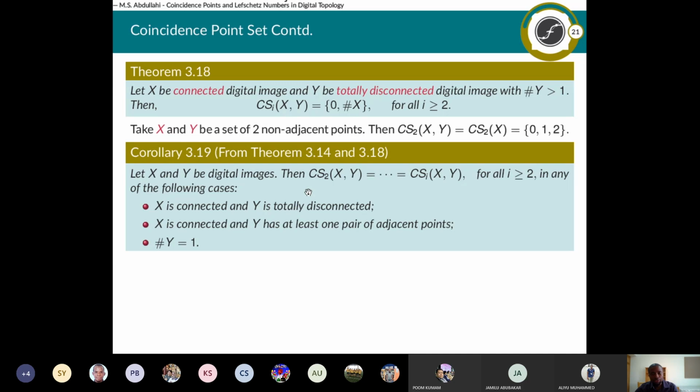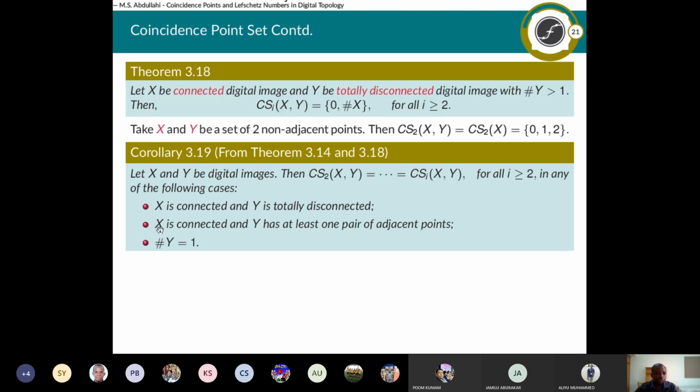And in summary, this result is just a summary of what I have discussed. If we have two digital images X and Y, then their coincidence spectrum is the same for all i if any of the following is satisfied. One is if X is connected and Y is totally disconnected.